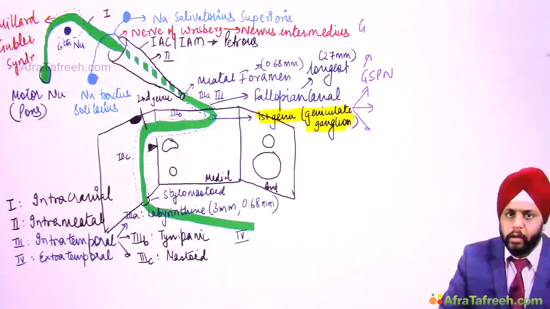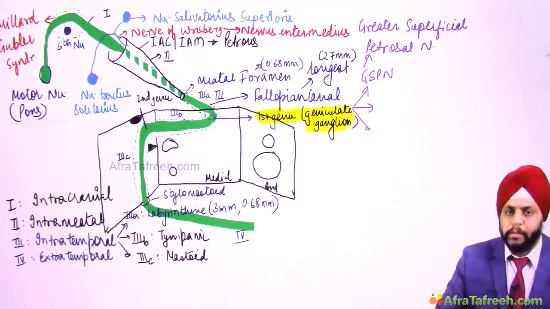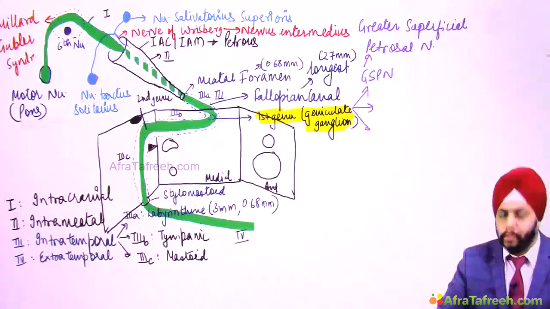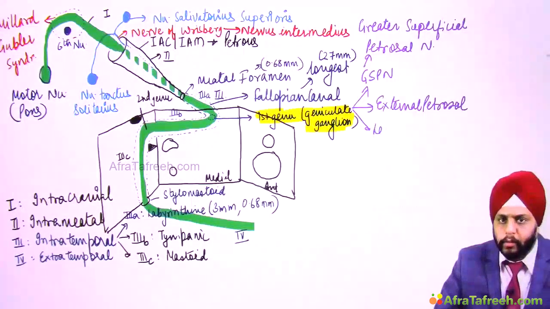GSPN stands for greater superficial petrosal nerve. Then we have the external petrosal and we have the lesser petrosal nerve.